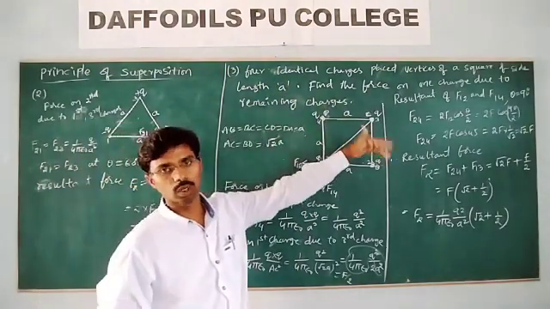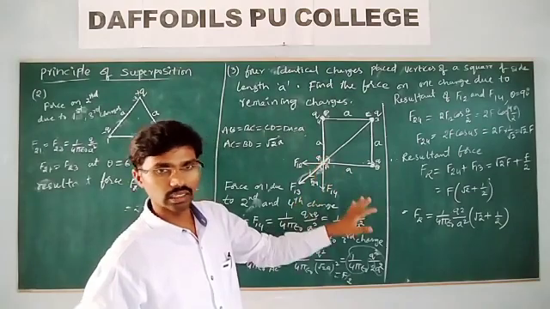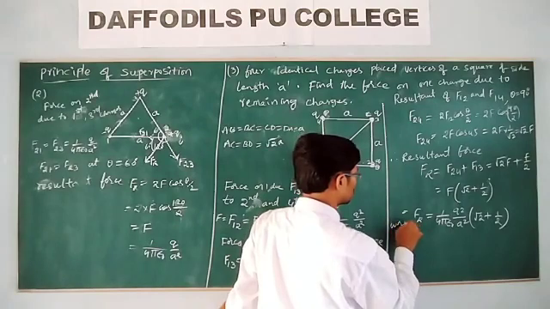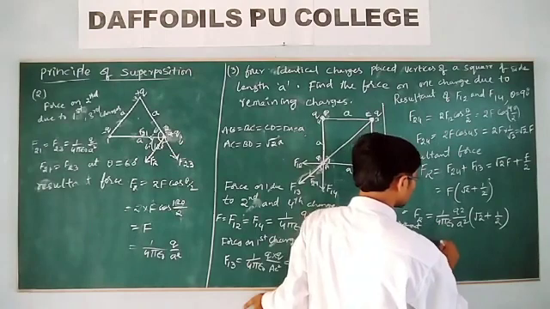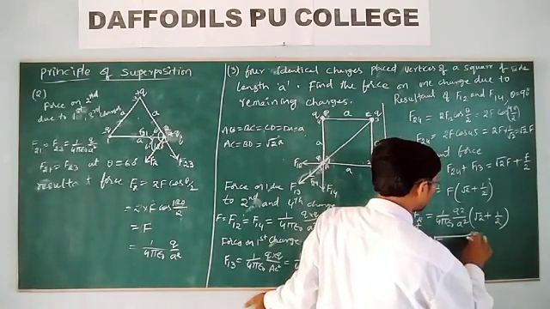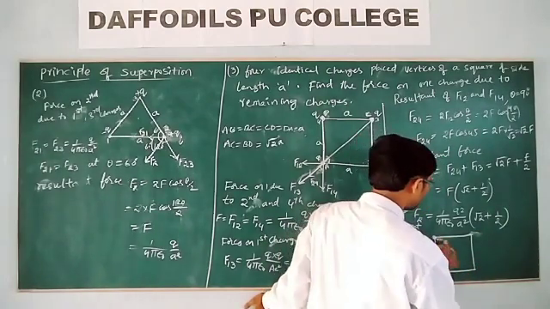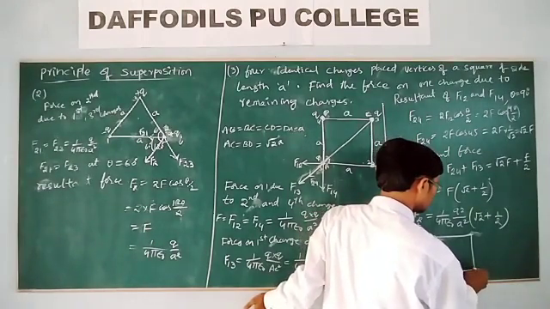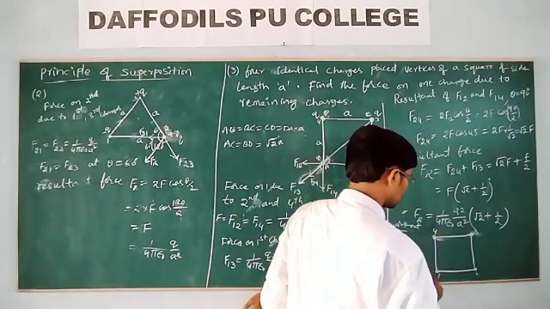Okay, but you try one more example, the same thing, but I change the sign of the charge. That's all. Okay, fourth one. Work out yourself. 1, 2, 3, 4.